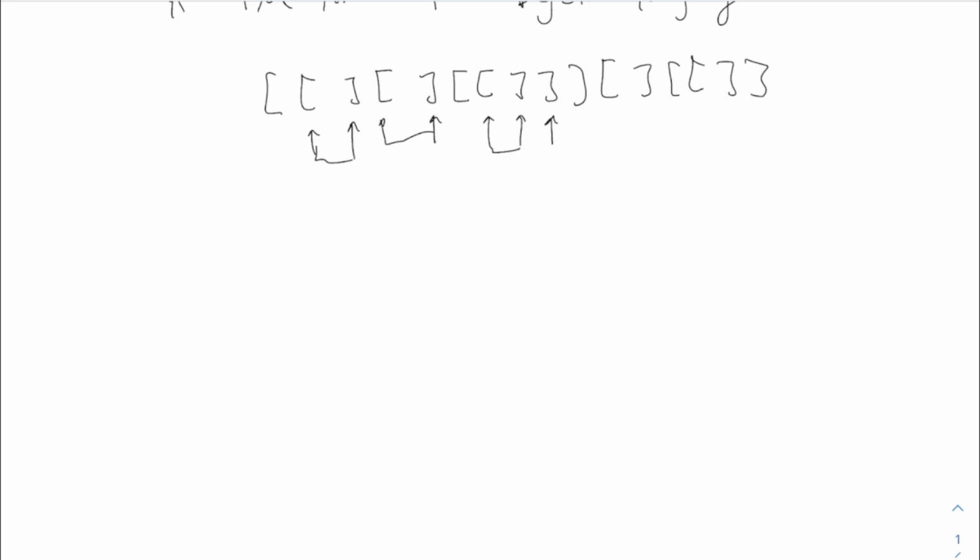All right, so our strategy here is you mark the first right bracket, and then you move to the left to find the first left bracket which has not already been marked off.